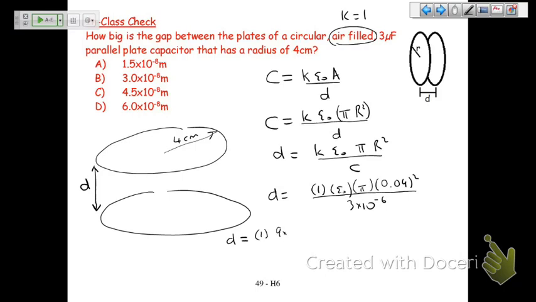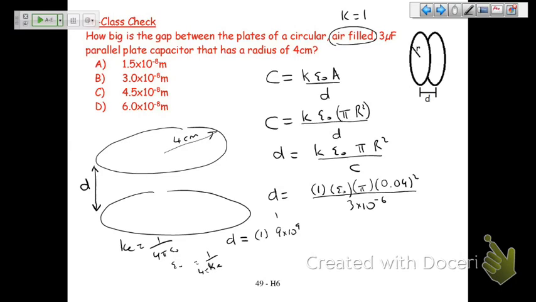Oh, 9 times 10 to the 9 times 4 pi. Is that right? Ke equals 1 over 4 pi epsilon naught. So epsilon naught equals 1 over 4 pi times Ke.